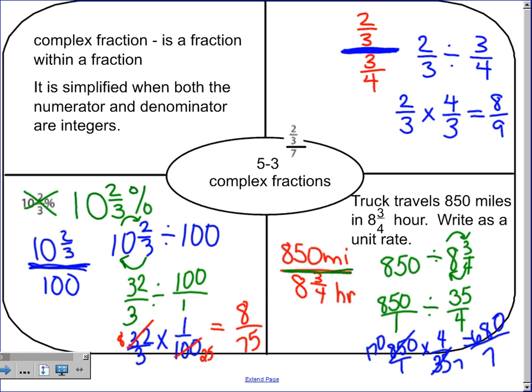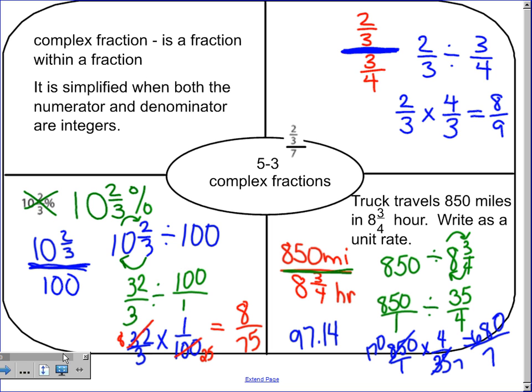So 680 divided by 7 is, what's 680 divided by 7? 97.14 what? 2? Oh, so now it's 97.142? Yeah, that's okay. We were looking for the label.